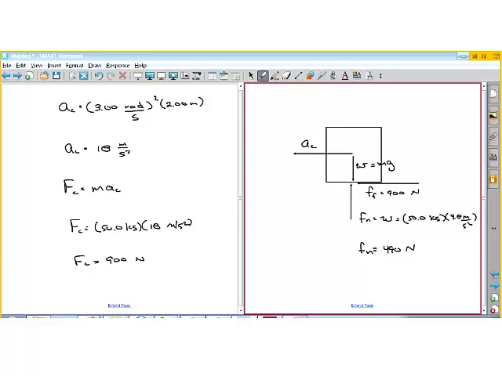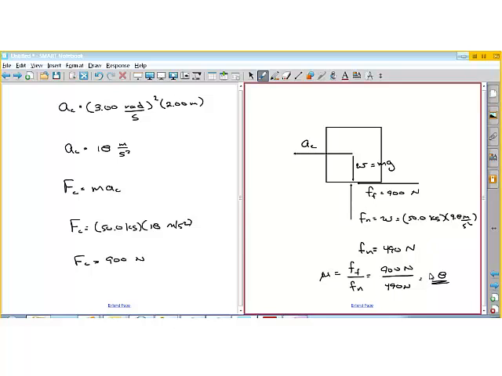So if we take the ratio of these, this would give us the coefficient of friction we have to have for this to be true, the minimum coefficient of friction. So it would be the friction force divided by the normal force. The friction force is what we need to keep it in circular motion. So you'd have 900 newtons divided by the normal force that's available to us. So 900 divided by 490 is 1.8.